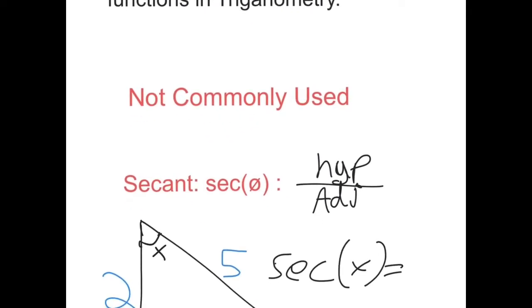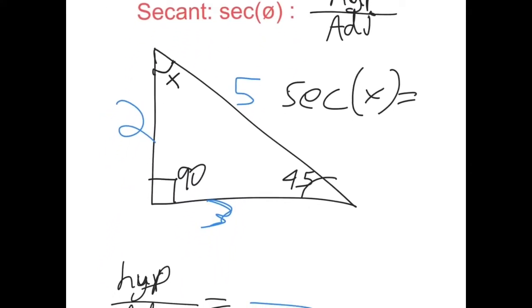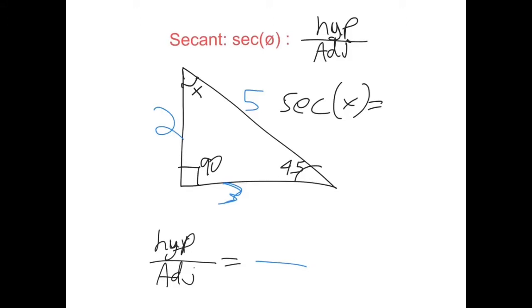Secant can be represented as sec, and then this. So then secant would be hypotenuse over adjacent. Now let's look at an example. So as you can see here, we have a secant function, which we have sec of x will be what?